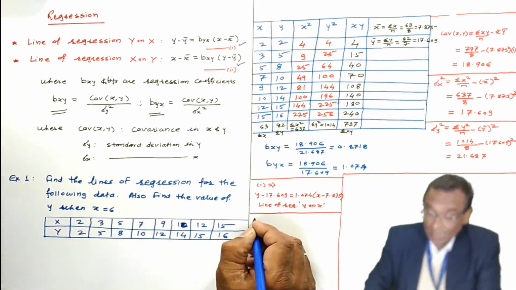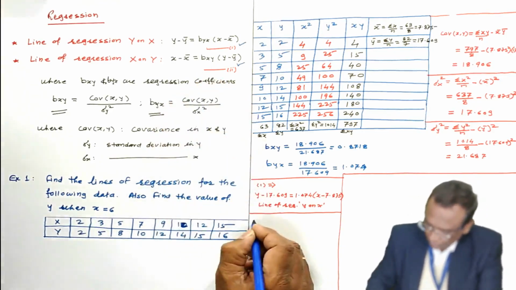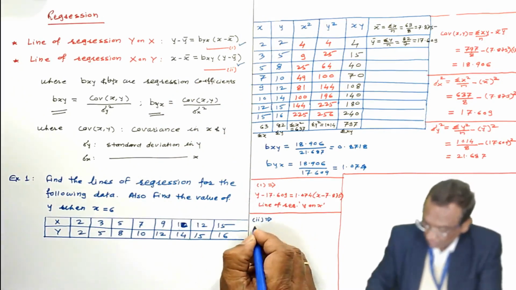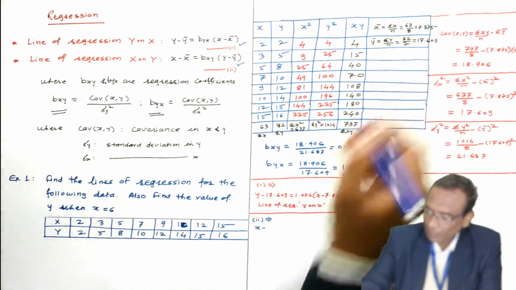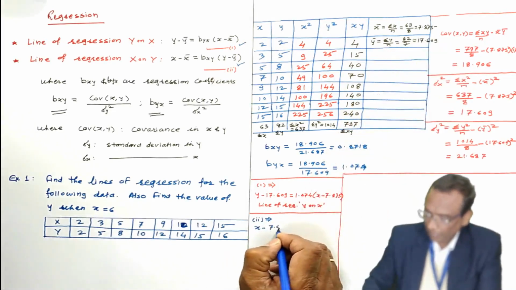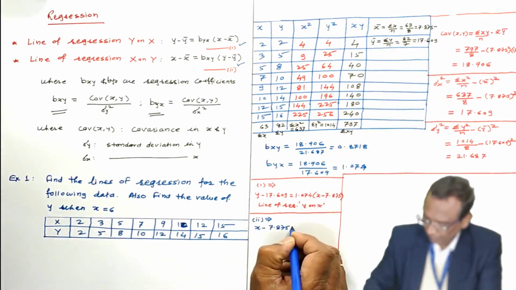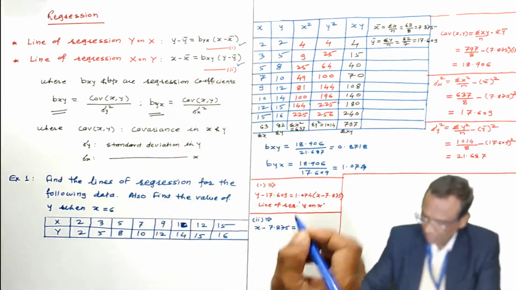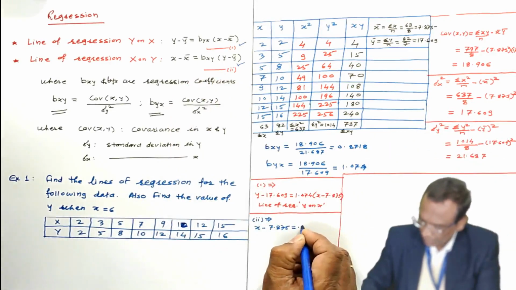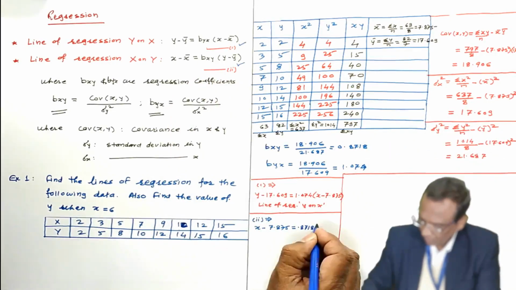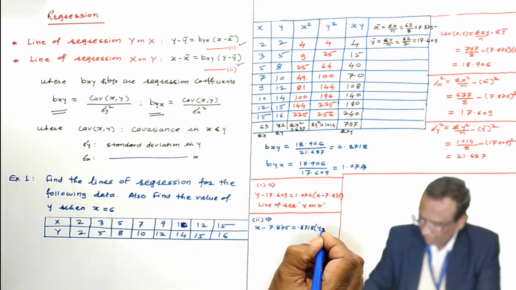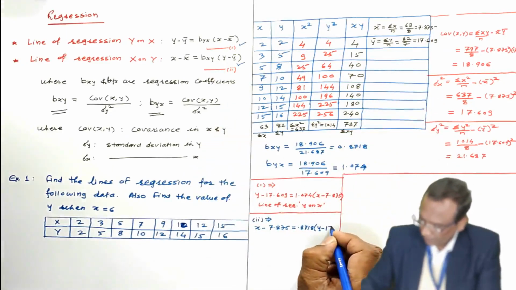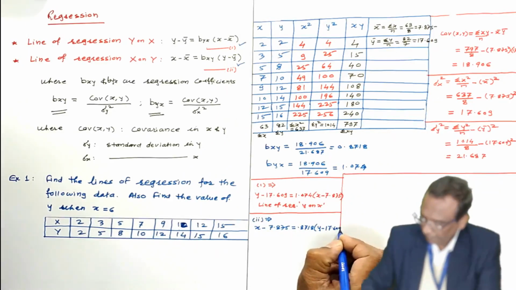Now the line of regression x on y. Equation 2 gives x minus x bar, 7.875, is equal to bxy, which is 0.8718, times y minus y bar, where y bar is 17.609.